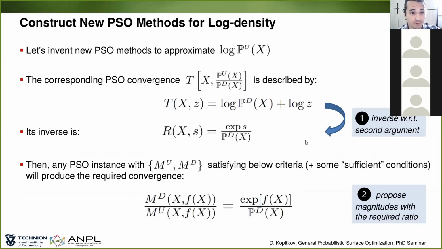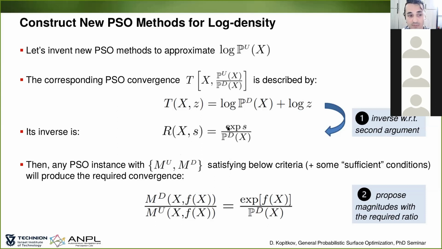For example, let's construct a new method to approximate log PUX. For this, we can already see that the PSO convergence T is expressed by this mapping here. So if we substitute PU, PD instead of Z, we will obtain log PUX. So this mapping expresses the modality that we would like to learn.